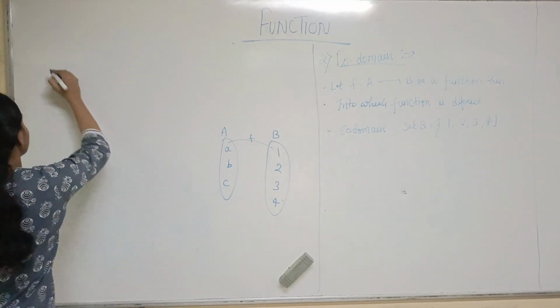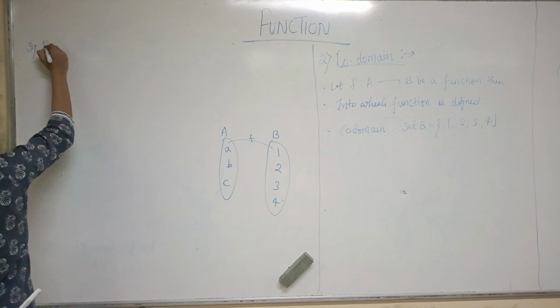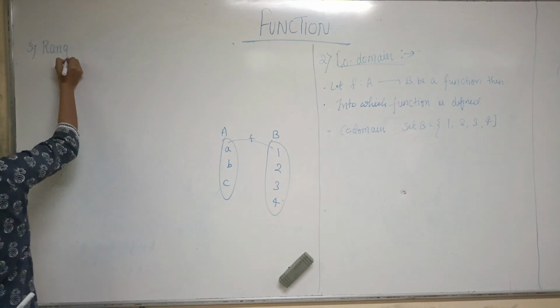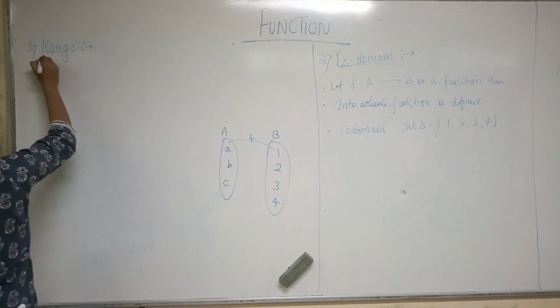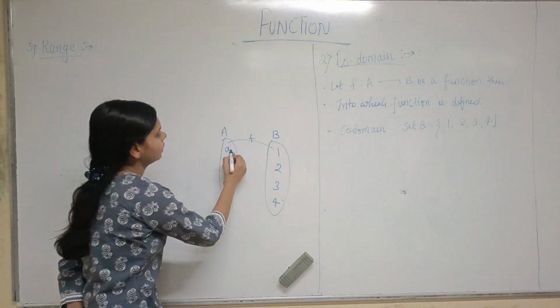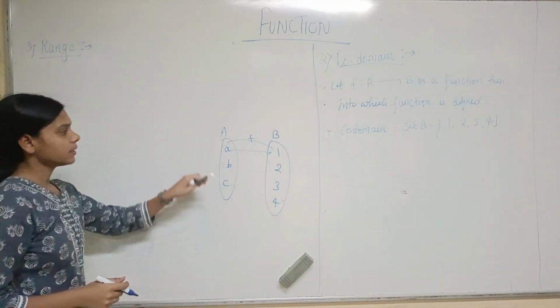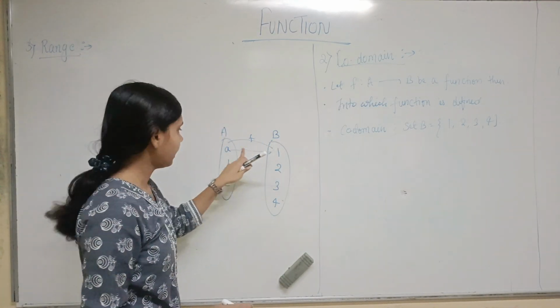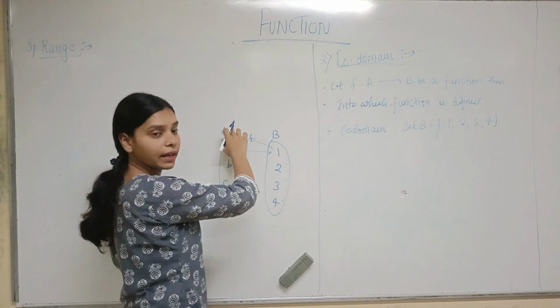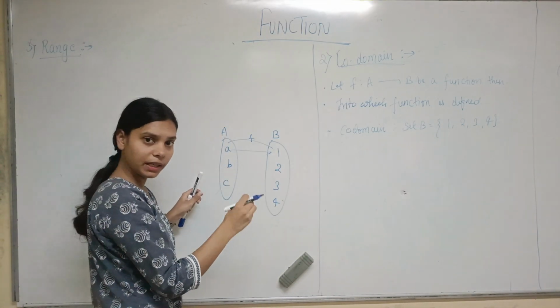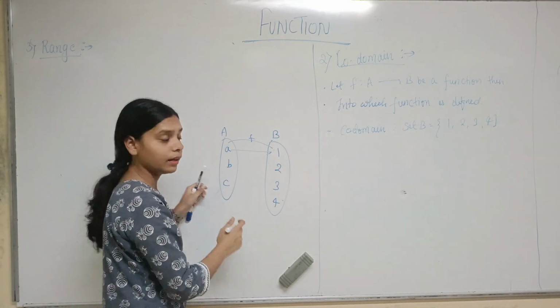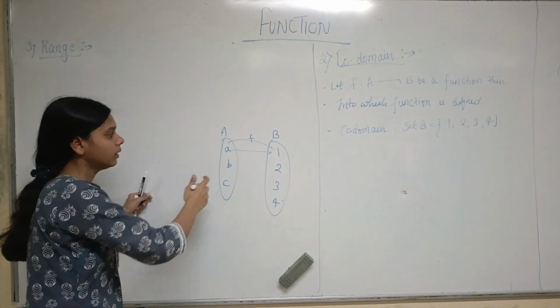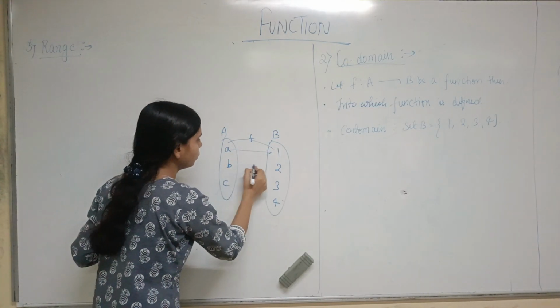What is a range? Third definition, range. Suppose, students, we take two sets A and B, right? The first set A contains 3 elements and set B contains 4 elements, and f is a rule, f is a function.